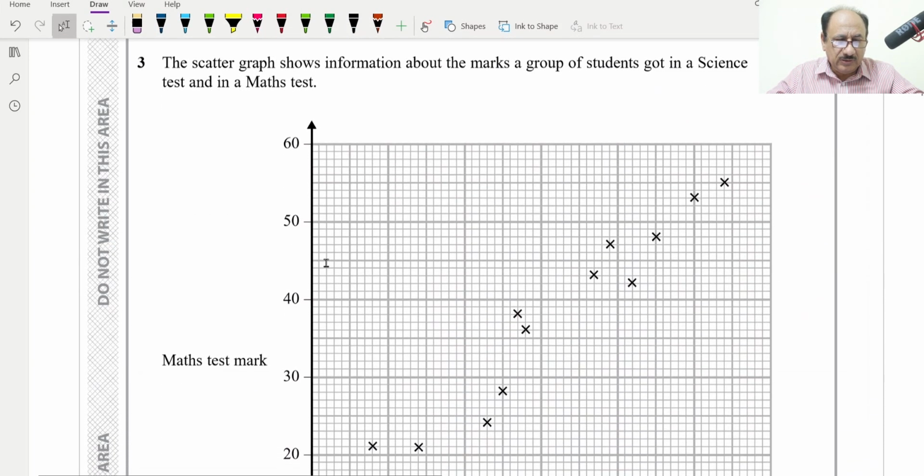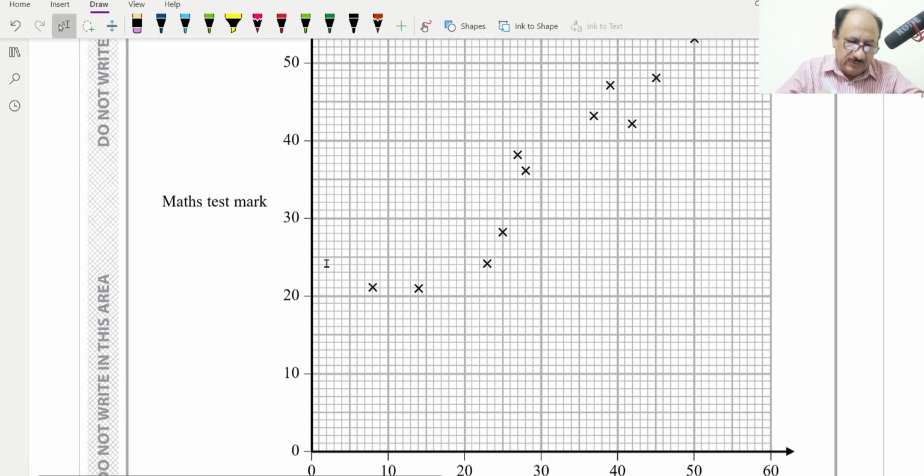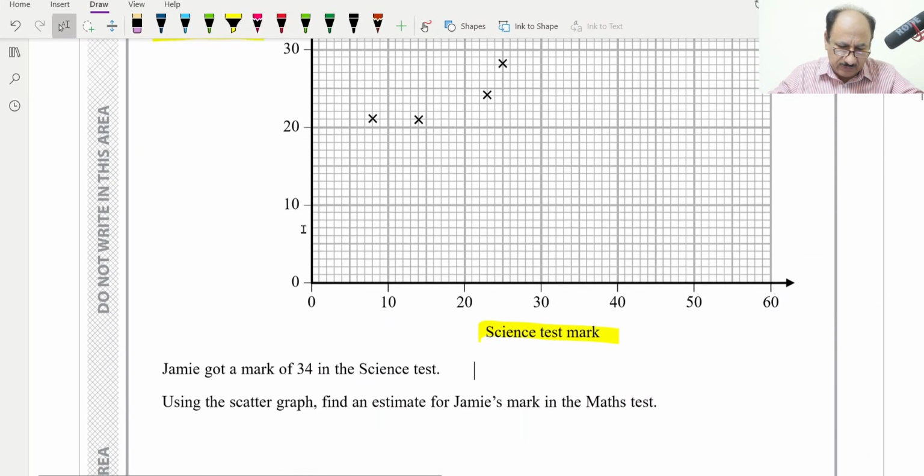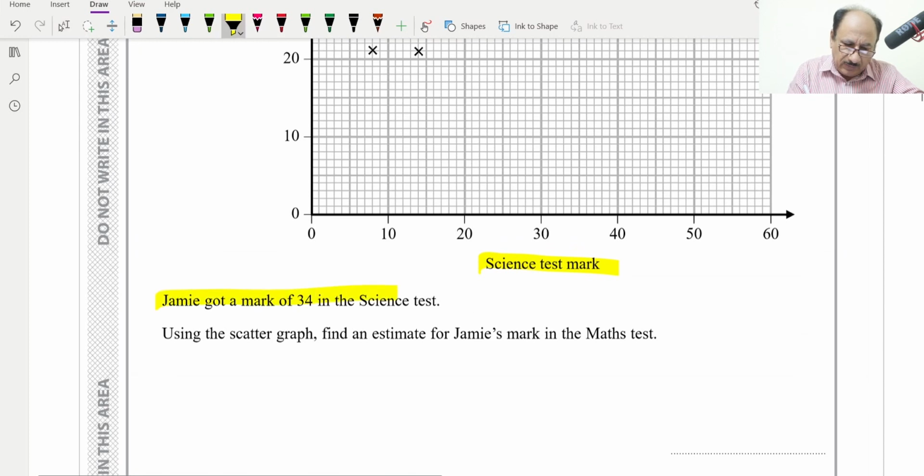Now question number 3, the scatter graph shows information about the marks a group of students got in a science test and in a maths test. The y-axis is showing maths test marks and the x-axis is showing science test marks. Jamie got a mark of 34 in the science test. Using the scatter graph, find an estimate of Jamie's mark in the mathematics test.